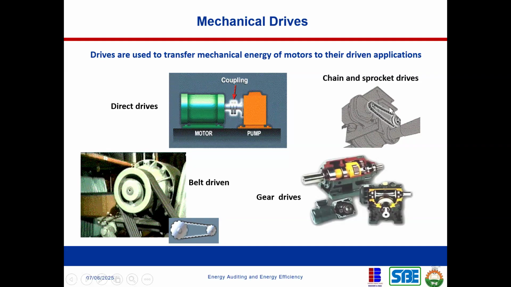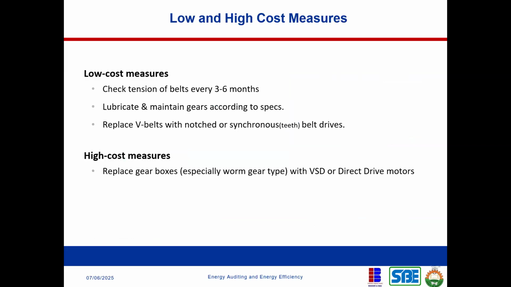This is applicable for some, like I know motorbikes, you use a chain to transfer the mechanical energy, and for some of them you have belts, right? And some of them you have gear drives. So these are just to make you understand that there is a motor and there is still another element that is actually used to transfer that mechanical energy to the driven application.